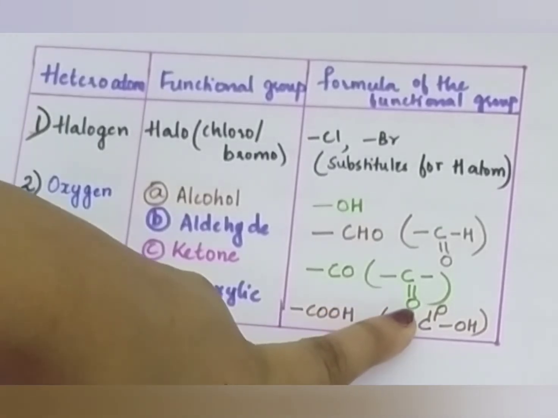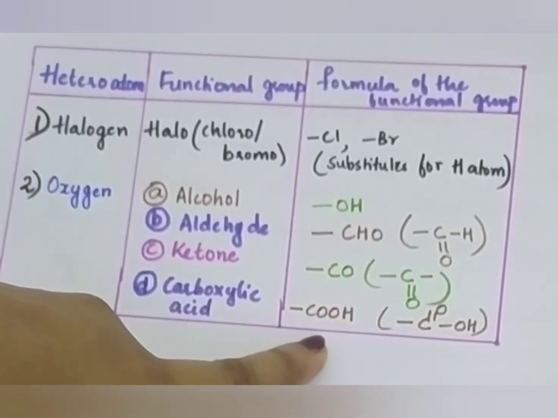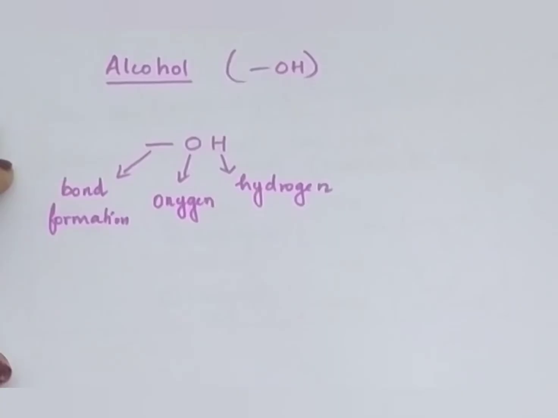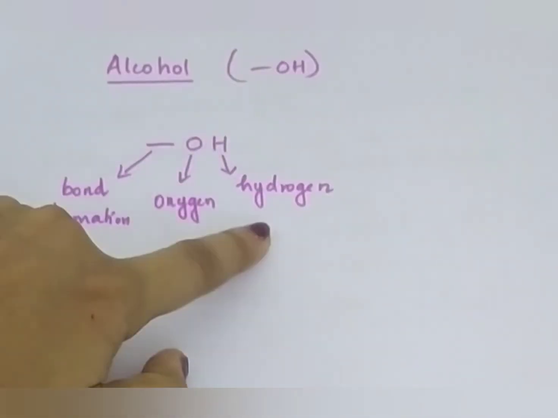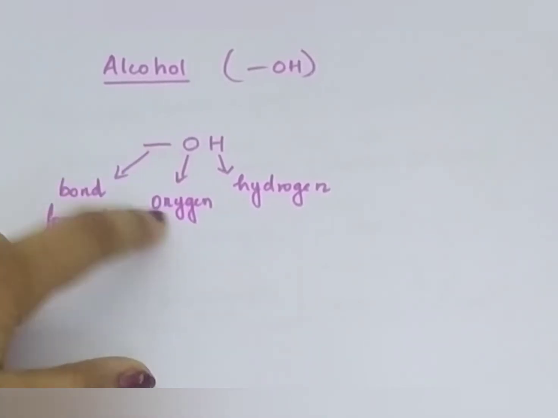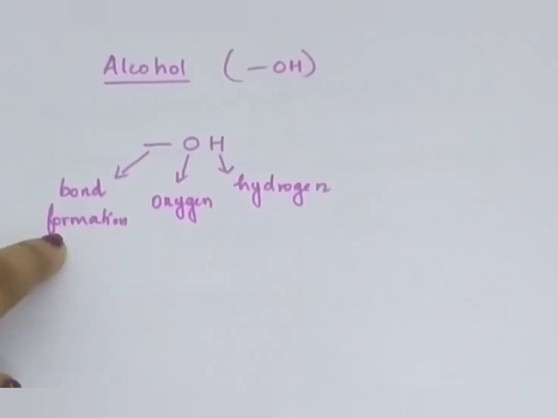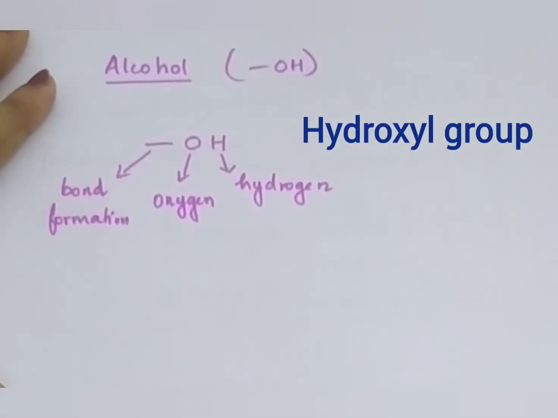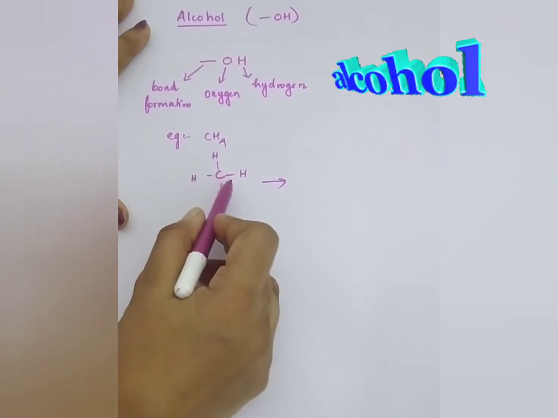Then aldehyde, the formula is CHO, ketone it is CO, and carboxylic acid it is COOH. Let's see in detail. First one, alcohol, it is given as OH. This functional group has one oxygen atom, one hydrogen atom, and one valency that is available for bond formation.